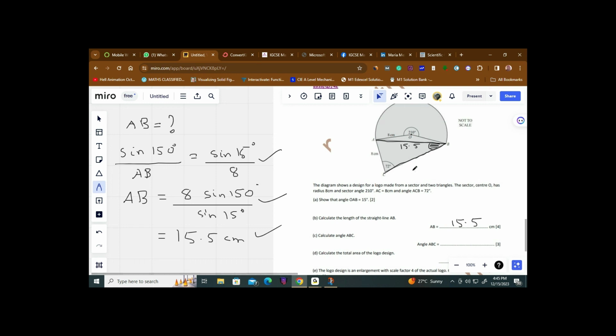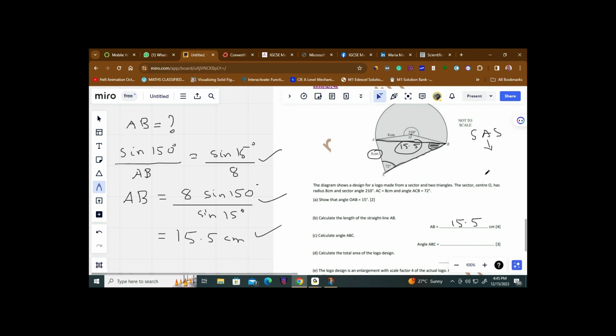Now see carefully. Two sides are given to me, and the angle which is not present at their intersection is given to me. Side, angle, side. This angle is not present at their intersection. So which law am I going to use? Can you write in the chat box?